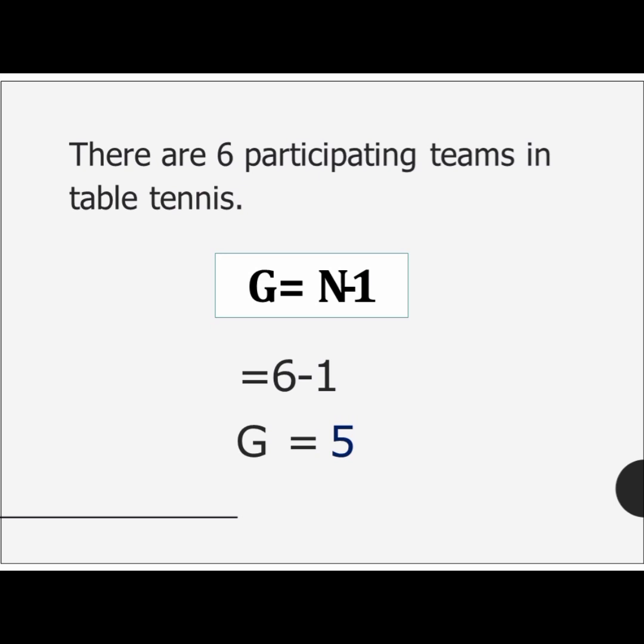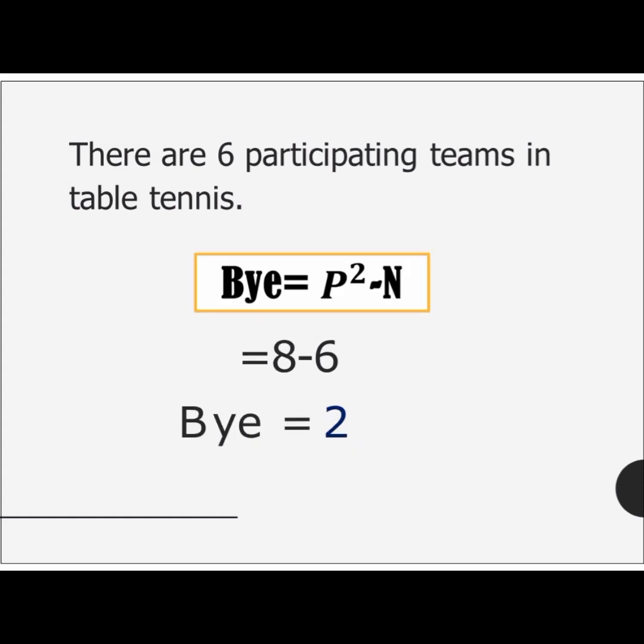How to solve it? There are 6 participating teams. So 6 minus 1 equals 5. We have 5 here, so it means we have 5 games. Okay. In solving the bye, 8 minus 6. So the bye is 2. Paano natin nabuo ang 8?